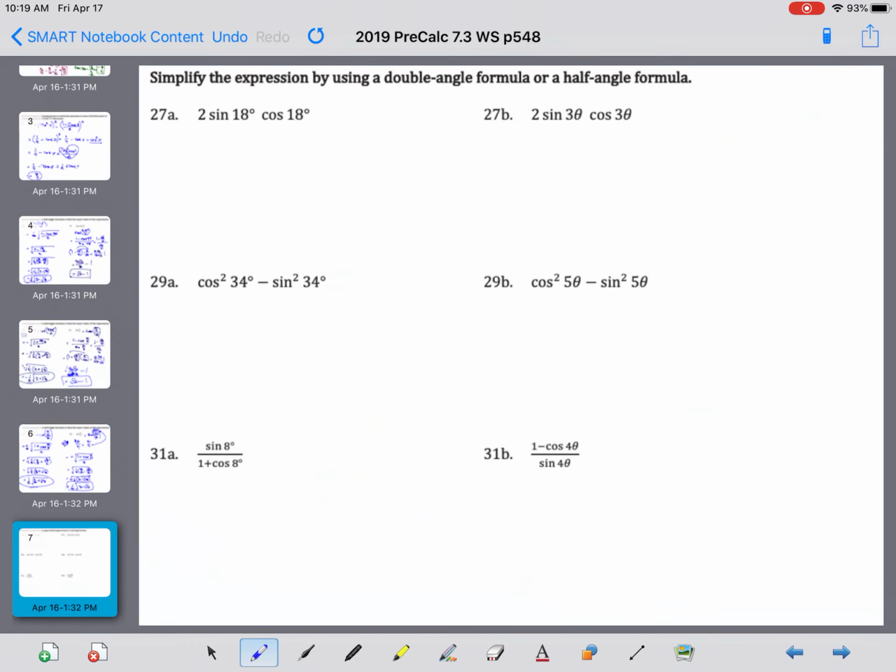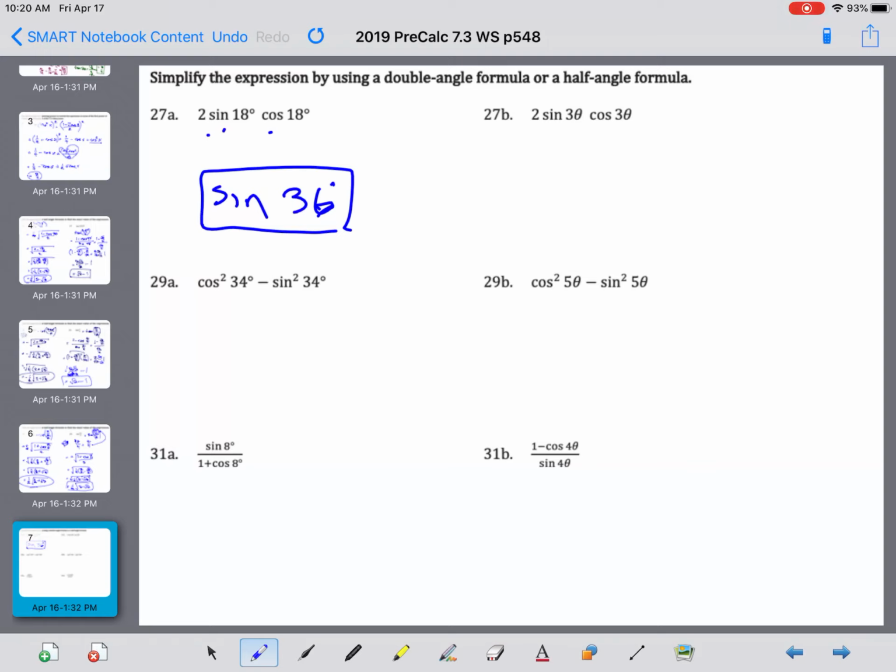Okay, last ones here. What we're doing is just trying to identify whether we're talking sine, cosine, or tangent. When I have 2 sine cosine, that's going to be sine, and I'm going to double the angle. Because we're using the 2x formula here.